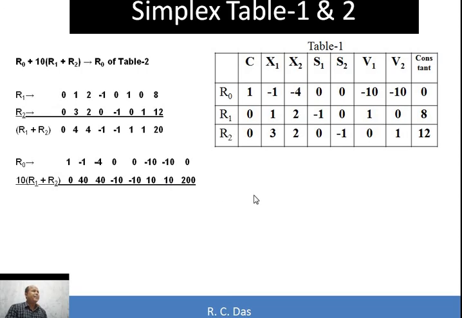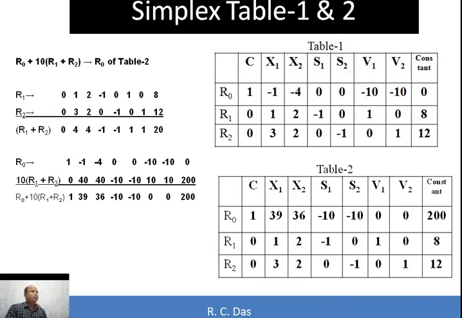After adding, you get 1, 39, 36, -10, -10, 0, 0, 200. So let us put it into table number 2, where this becomes row 0 of table number 2.